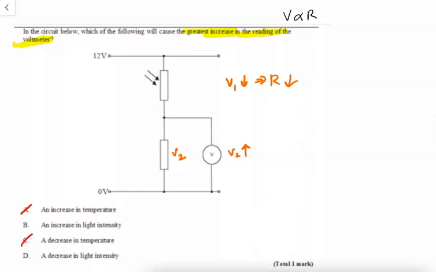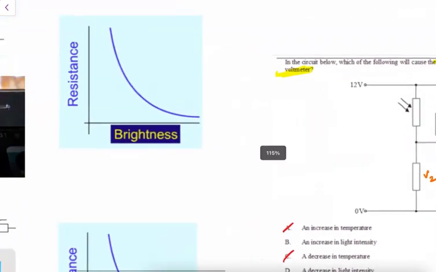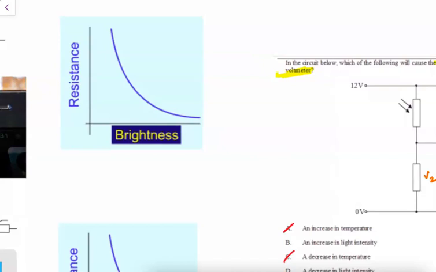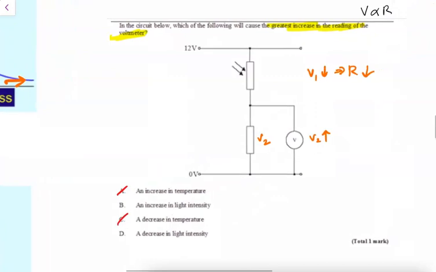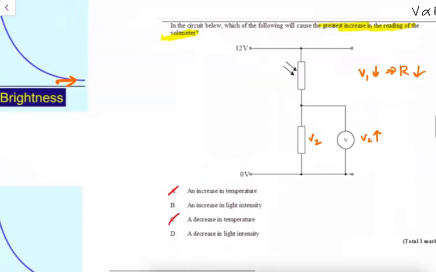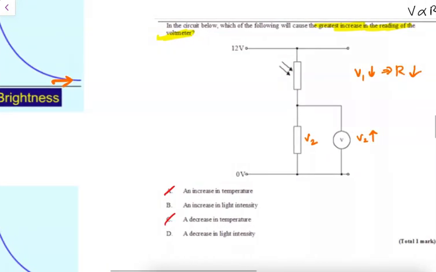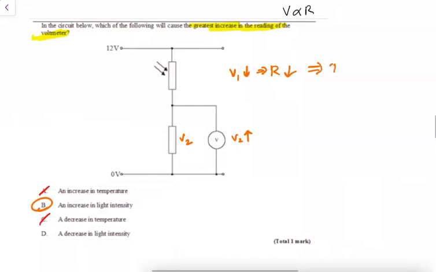How does resistance decrease? Well, it decreases when the brightness moves forward. So we know that we need an increase in light intensity in order to decrease the resistance, to decrease the voltage that's provided to the LDR, and then V2 will increase. So the answer is B, an increase in light intensity. Therefore, light intensity increases.